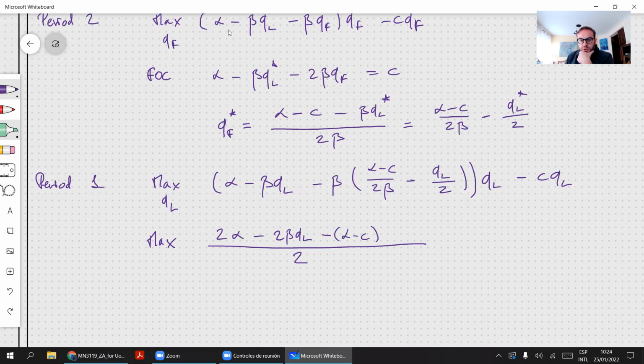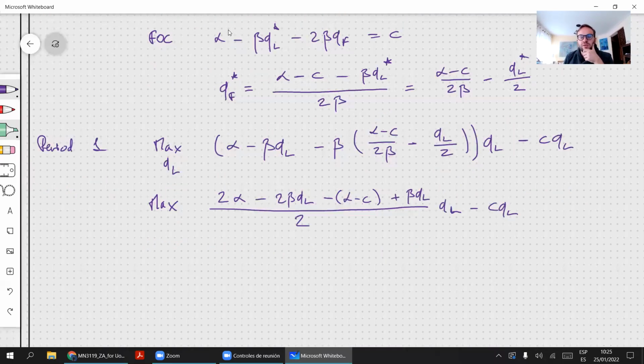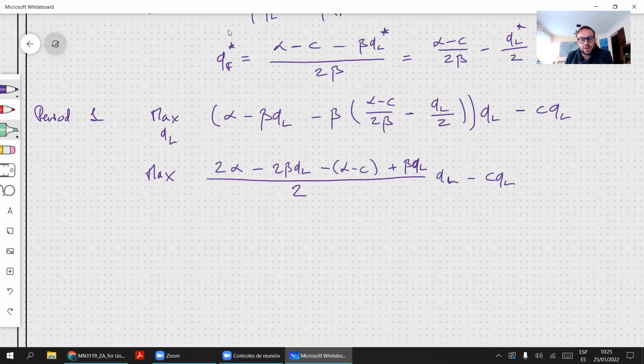The beta comes there. Careful with the sign, careful with the sign. So always do this very calmly. So this is minus beta QL, plus beta QL, times QL, minus C QL, right? So always be very, very careful at this stage. Be very prudent.